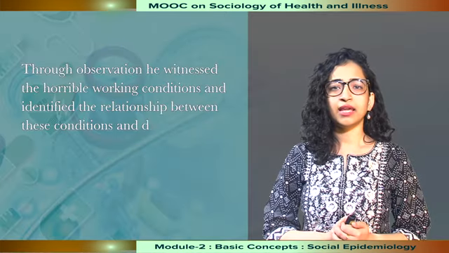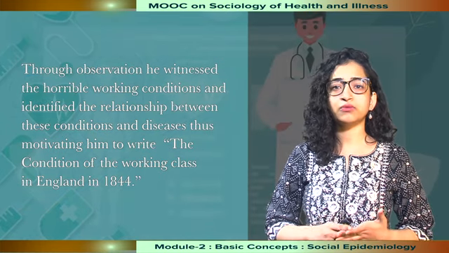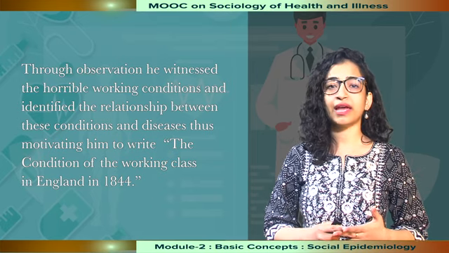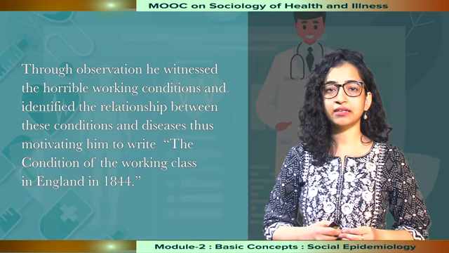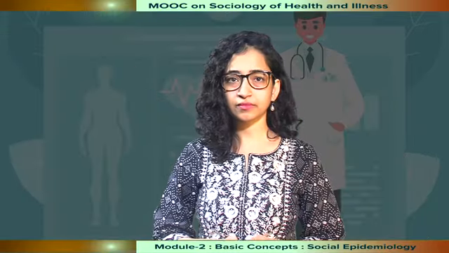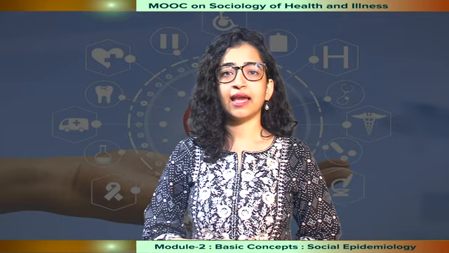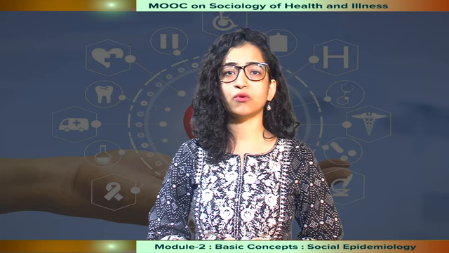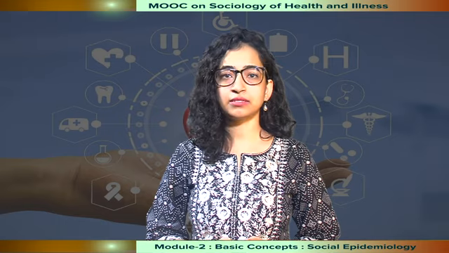Through observation, he witnessed the horrible working conditions and identified the relationship between these conditions and diseases, thus motivating him to write the book The Condition of the Working Class in England in 1844. The long working hours, along with the dingy facilities and environmental hazards, caused ill health and malnourishment in the workers, thus showing the importance of social conditions in analyzing these health issues.